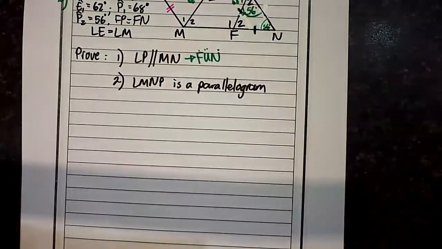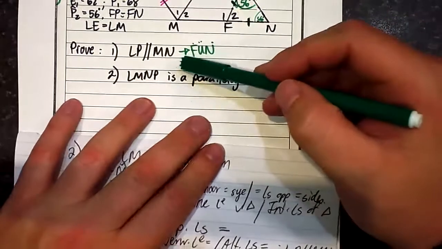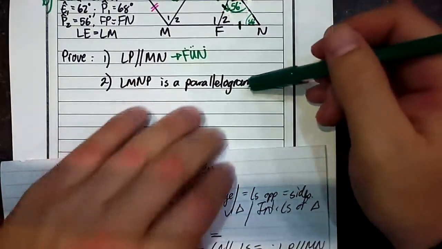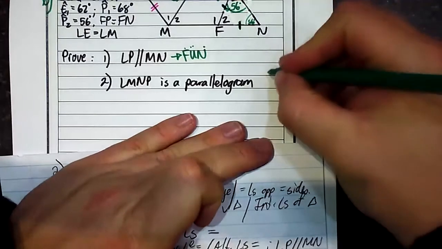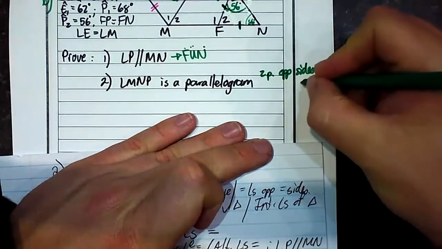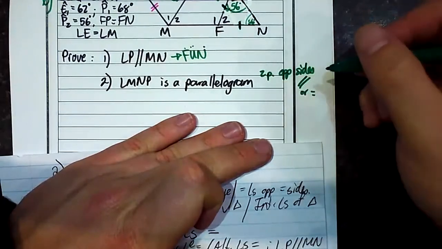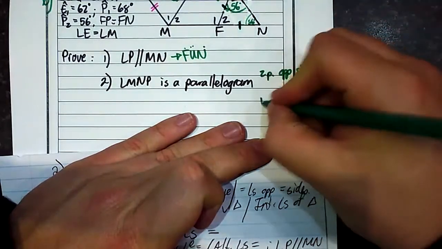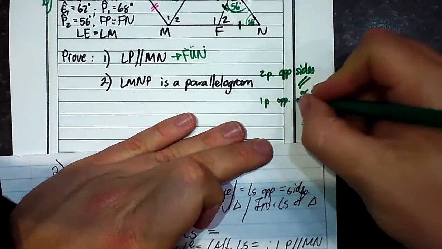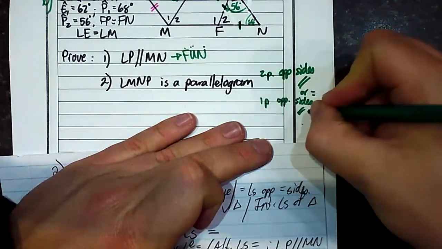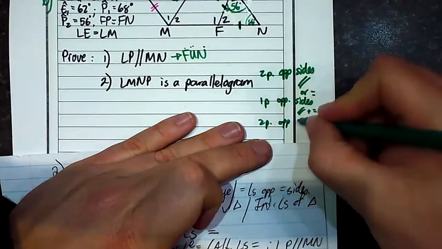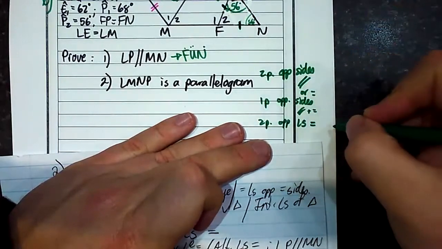Okay. Then the next one says, prove that LMNP is a parallelogram. Okay. Now you can go and prove any of the characteristics of a parallelogram, which are two pairs of opposite sides parallel or equal, and then one pair of opposite sides parallel and equal, or two pairs of opposite angles are equal.